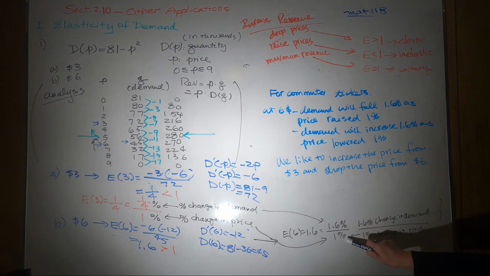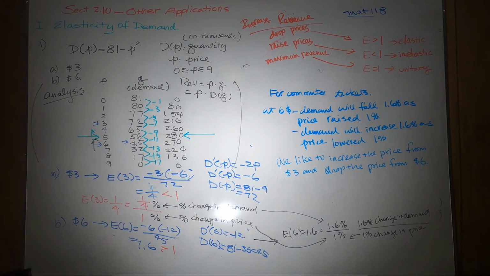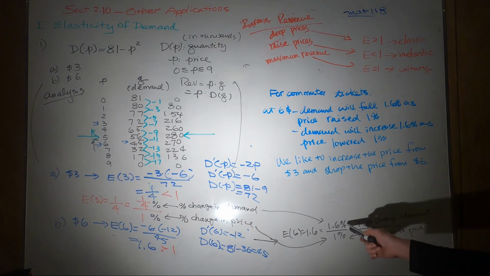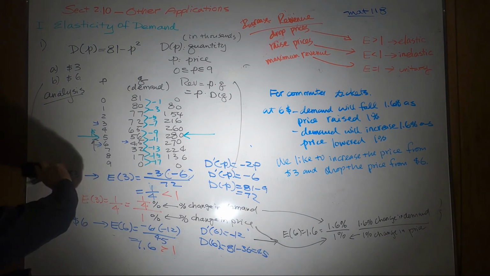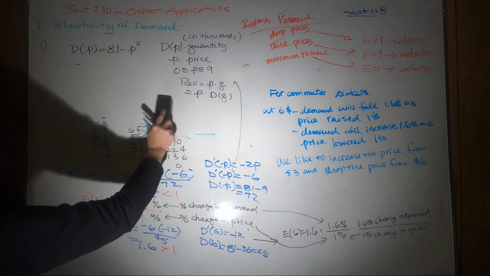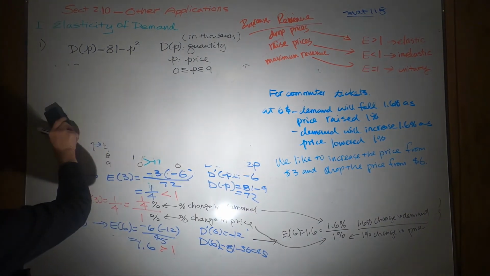But if you drop the price, then the demand will increase. So if the elasticity is higher here, greater than 1, then you will lower the price to make more revenues. Right?